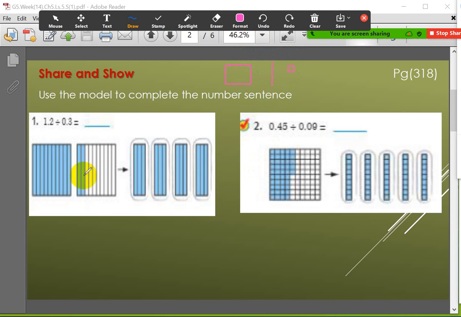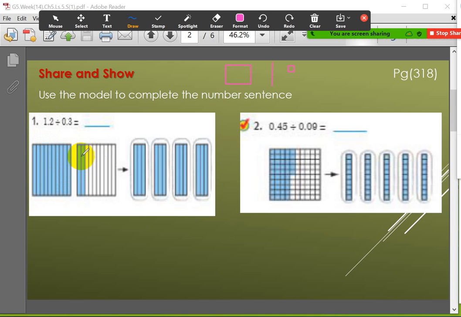So let's use these base 10 blocks to divide a decimal by a decimal. I will do the first one to show you how we divide a decimal number by a decimal number, like this example, 1.2 divided by 0.3. First, I have to draw the model that represents 1.2. The 1 in the ones place means a flat, so I draw a flat here, and the 2 in the tenths digit means I have two longs.